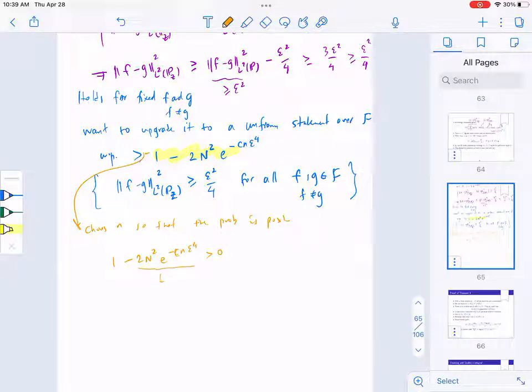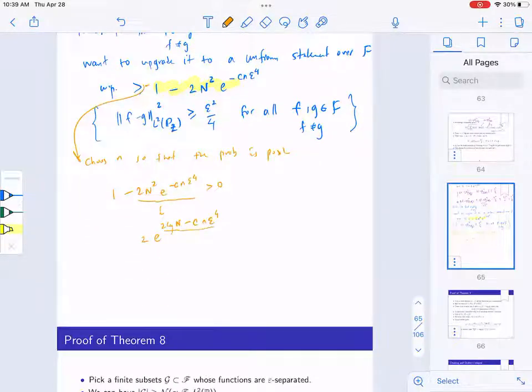I want this to be small, so this is like 2 e to the 2 log N minus little c n epsilon to the 4. I want this to be negative, right? Let's say I want 2 log N minus c n epsilon to the 4 to be less than negative log N. Okay, something like that.